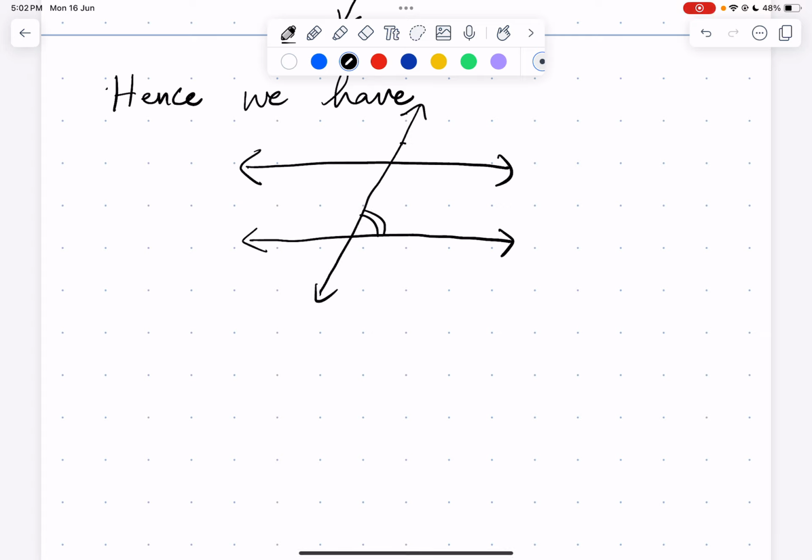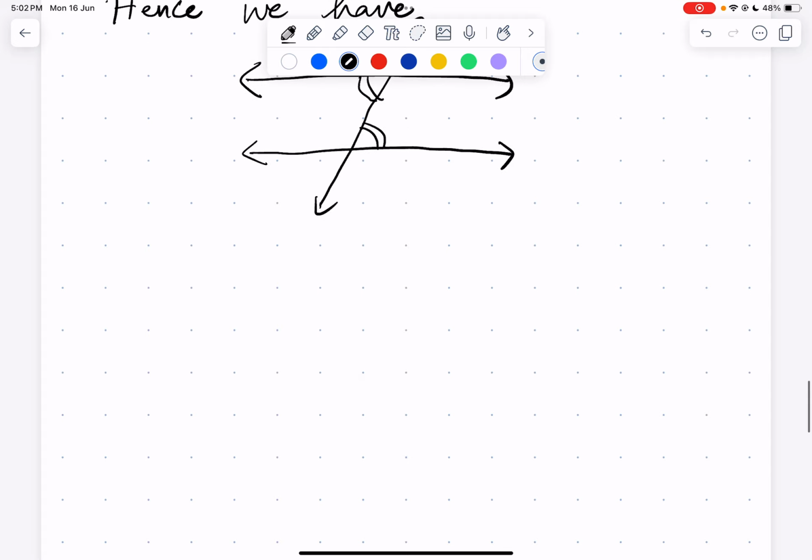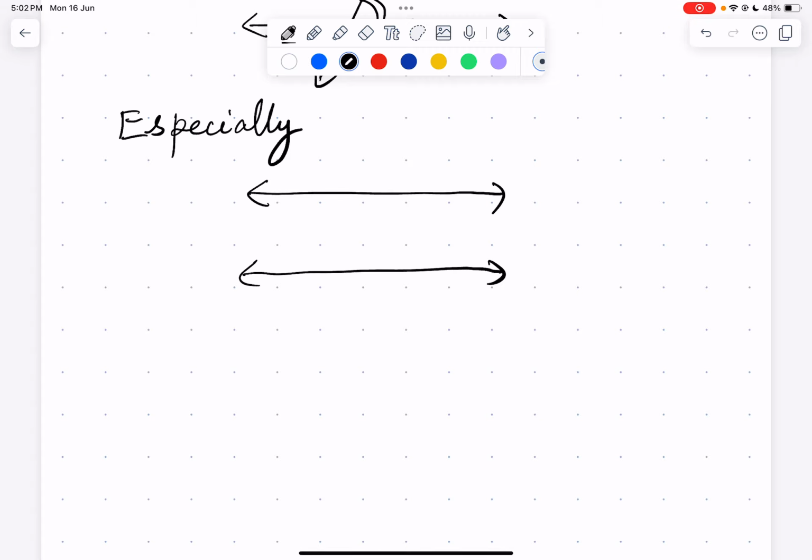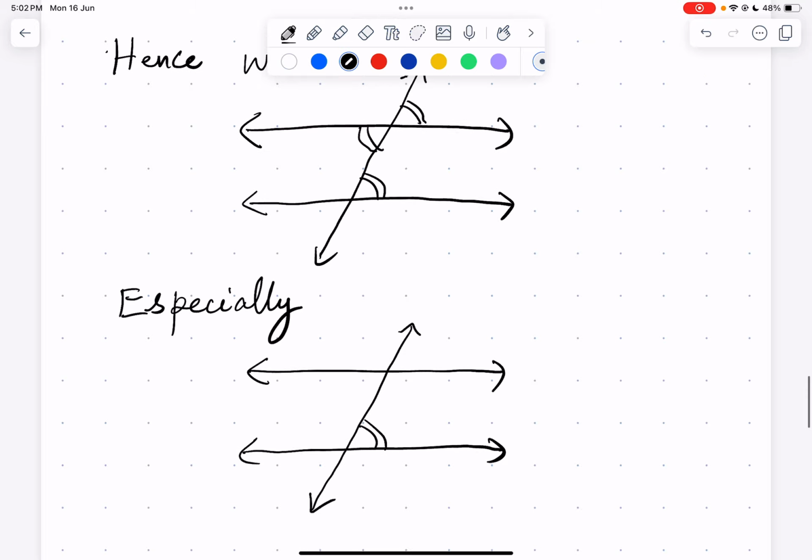So these two angles are equal, and because they are parallel, this angle is further equal to this angle. So hence these three angles are equal, especially these two angles are equal.